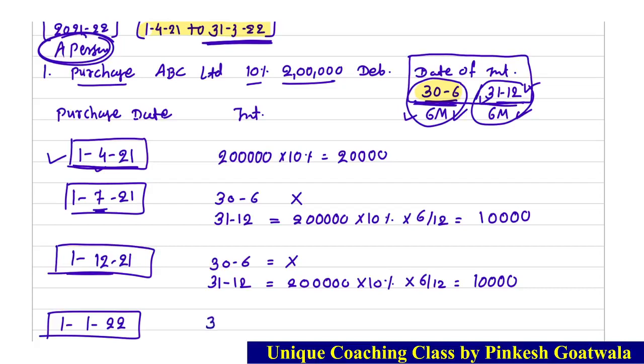Now tell me, on 30 June or 31st December, both these dates, we cannot get interest in this year. Actually it will come next year. Both interest dates have passed, because we purchased on 1st January.